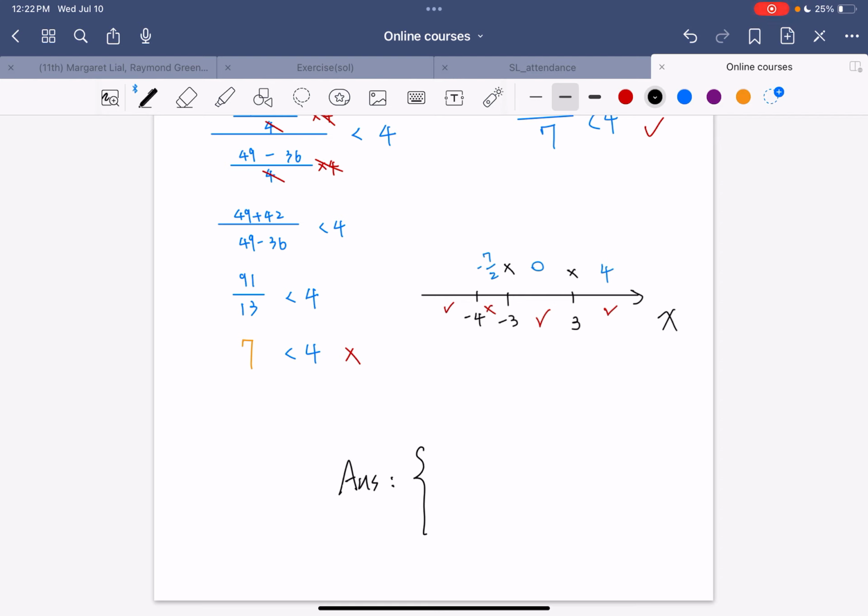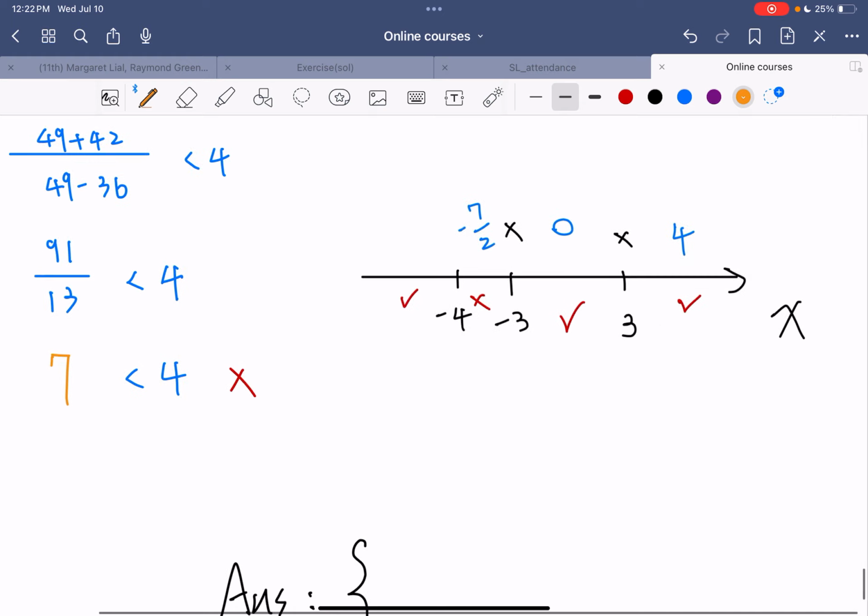Okay, so when we are writing our answer, we got this area. We got this area. Oh no. Okay, it's not a good way to represent this.